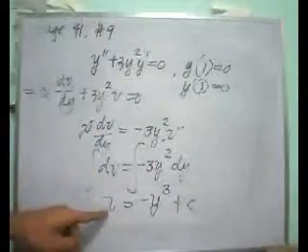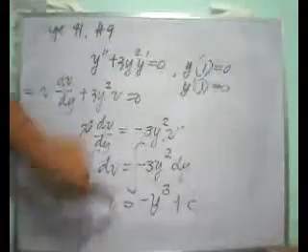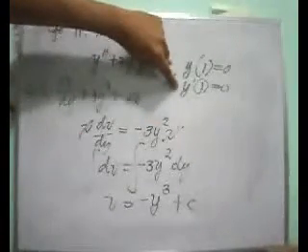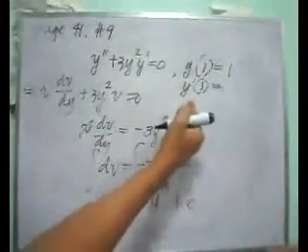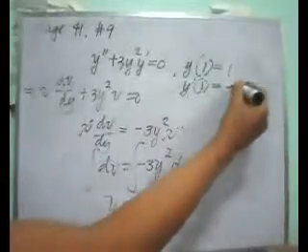Now the conditions given in the book are y of 1 is equal to 1 and y prime of 1 equals negative 1.